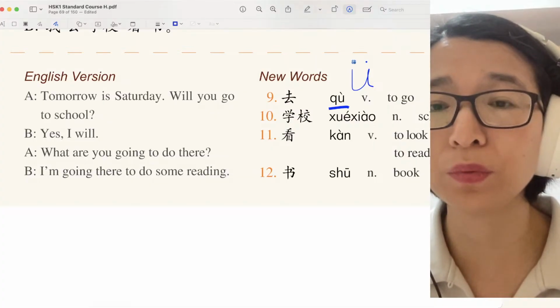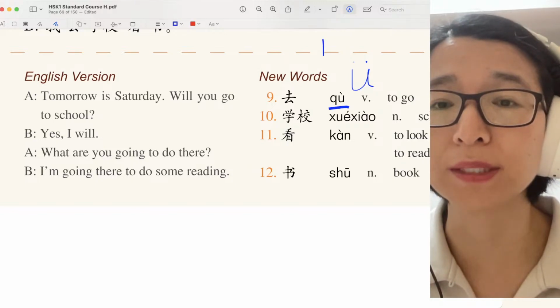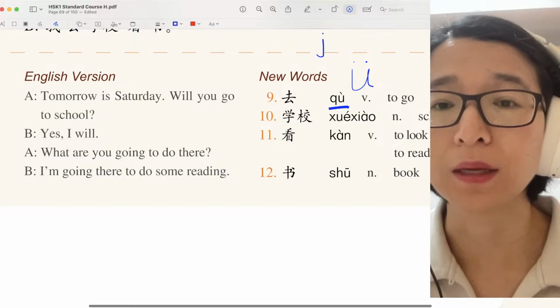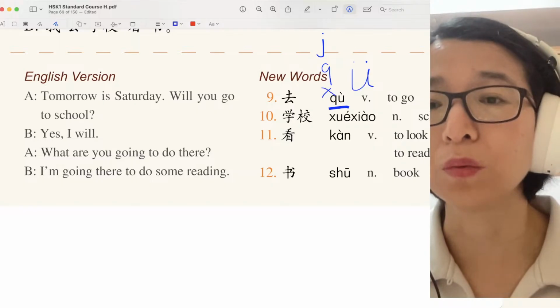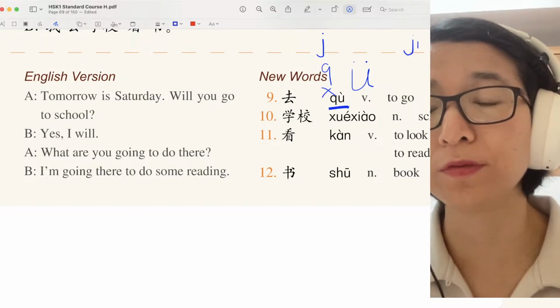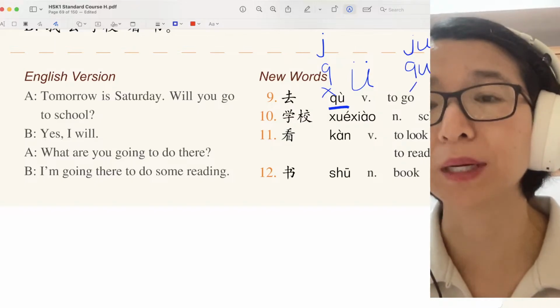So 鱼, but when 鱼 is together with 鸡, 七 and 西, when we write the whole syllable, we just remove the two dots to keep it in a simpler way of writing.